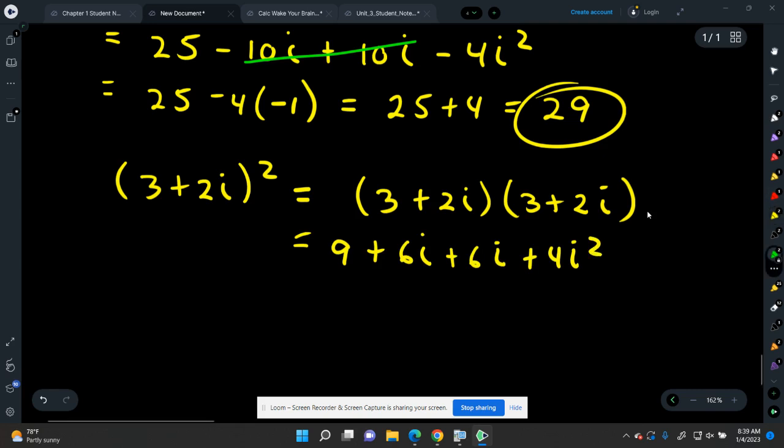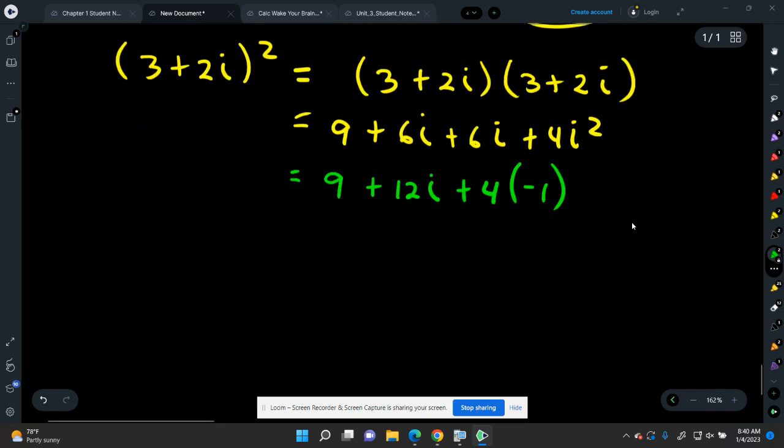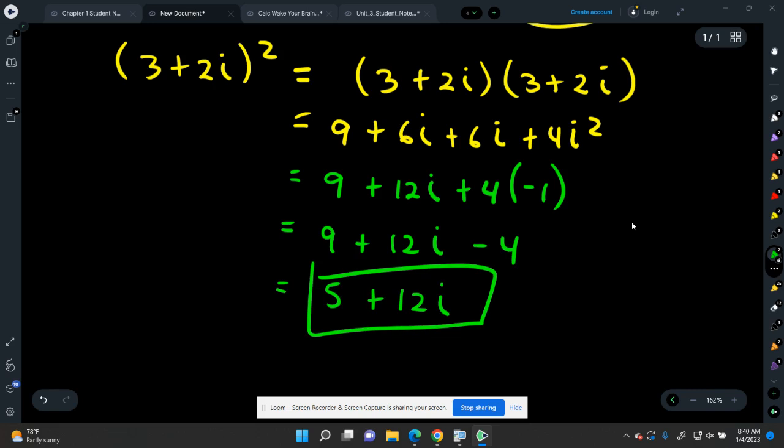Okay, so we're going to continue simplifying this. 9 plus 12i plus 4. Again, I cannot have the i squared, so we put a negative 1 there. So 9 plus negative 4. Well, let me just write it out in between step. Okay, so we're going to get 5 plus 12i, and that's our answer.